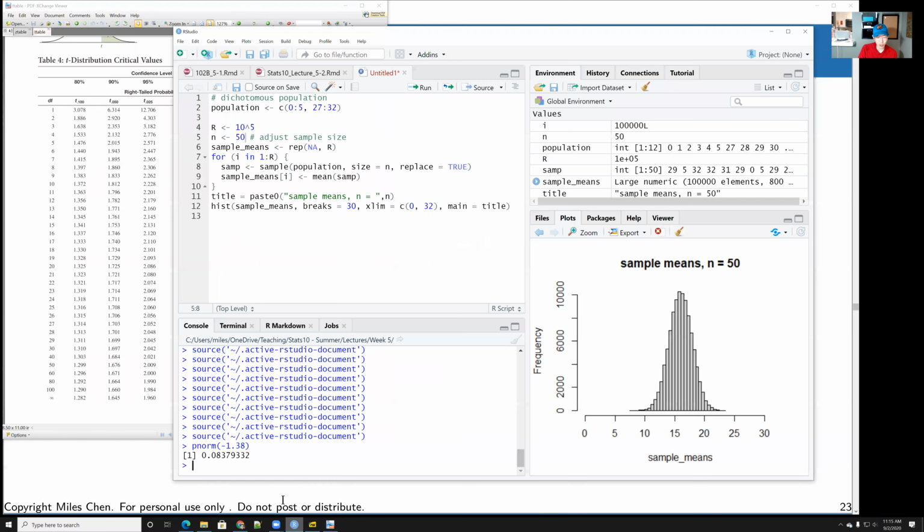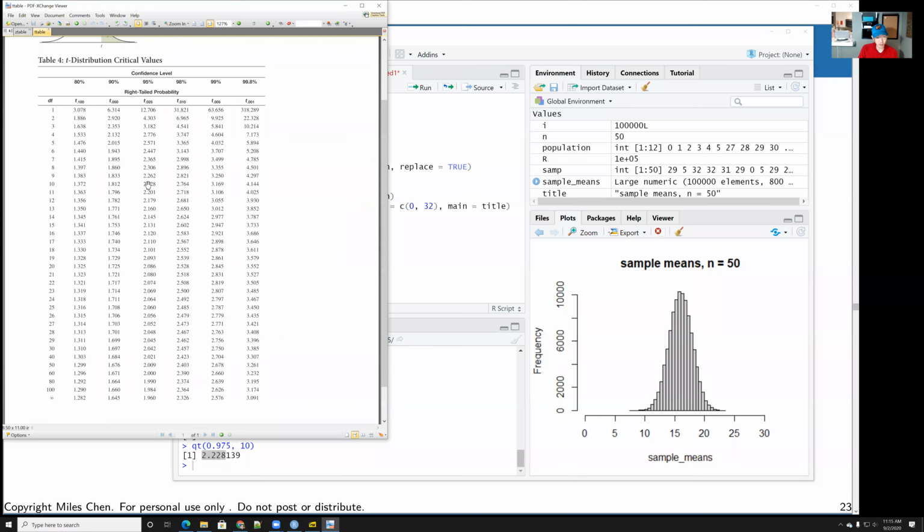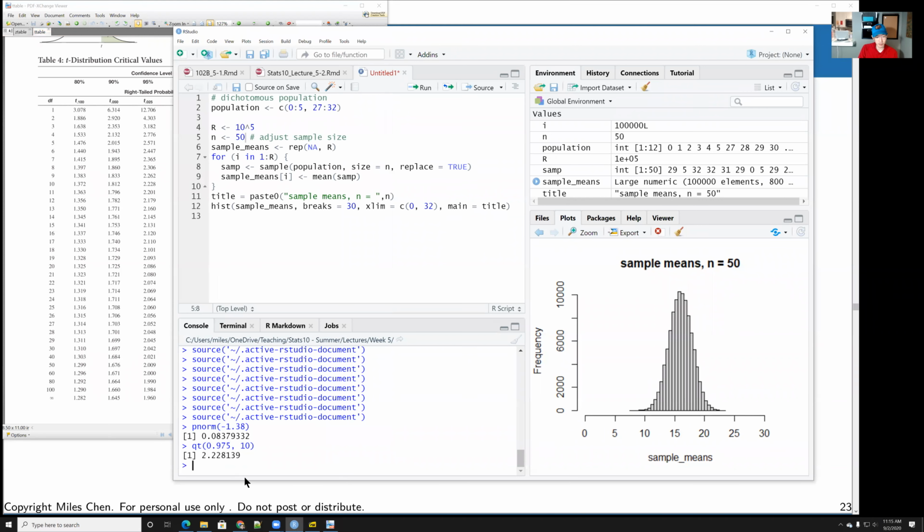The other option is you could use R, and you can use a function called qt. So if you do qt of 0.975 and 10 degrees of freedom, here it gives me 2.228, which is this value here, 2.228 for 0.975.